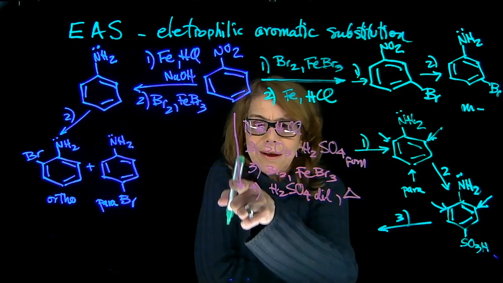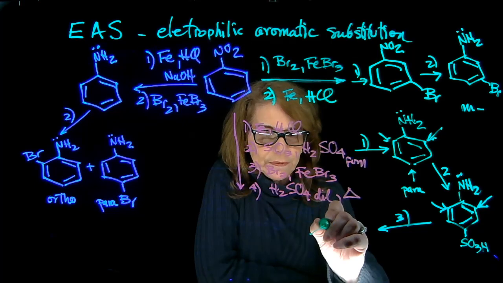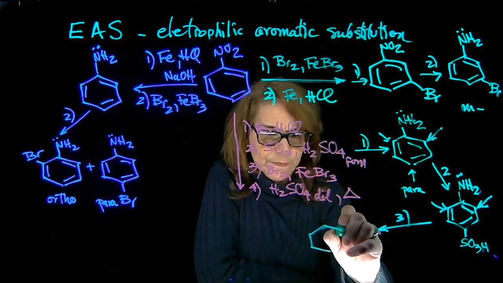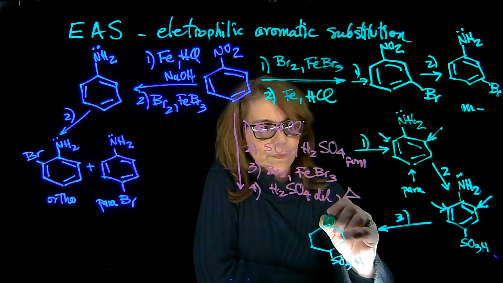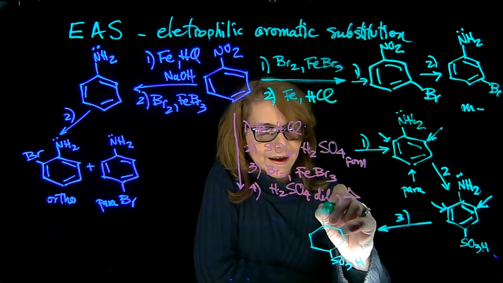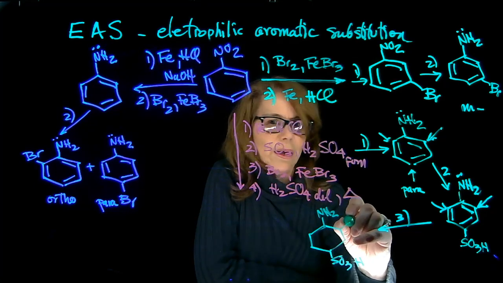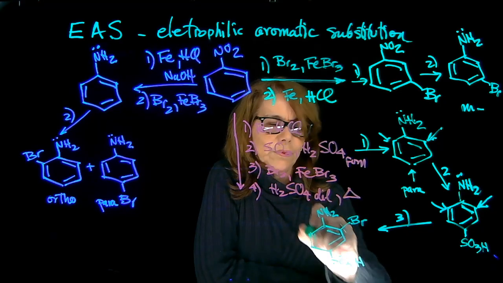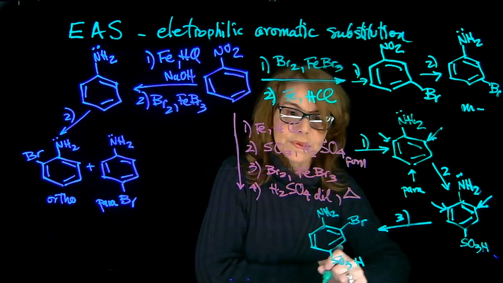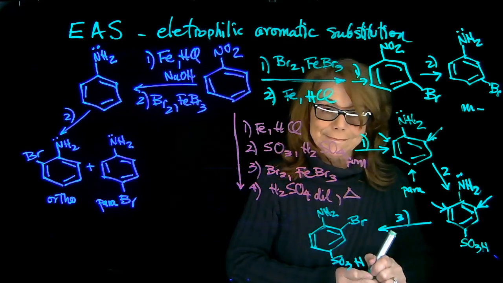So your product after reaction 3 is going to be the following. This is your sulfonic acid in para, your amino, and now you're going to have bromine ortho to the amino. Either of the two positions are identical, right?